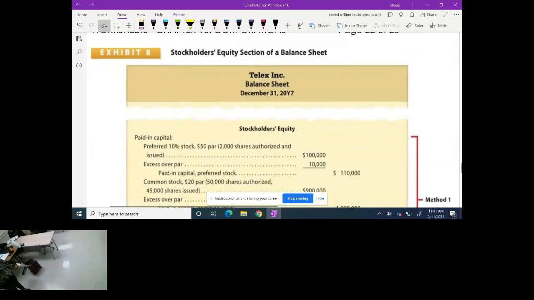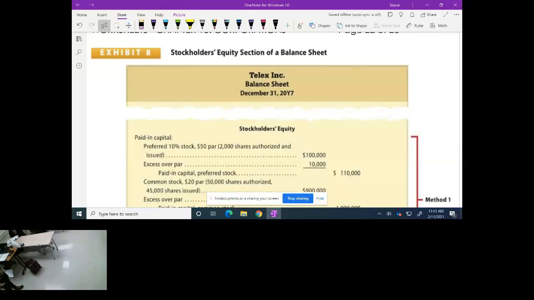So now we're going to have a really fun time doing these statements. In your homework, you'll see, and I kind of worded these examples the same way so you would see what I was talking about. In fact, some of these things are actually problems from previous years. But it says, using the following accounts and balances, prepare the stockholders' equity section using method 1 of exhibit 8.